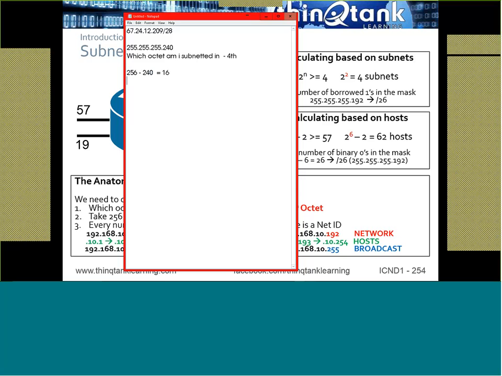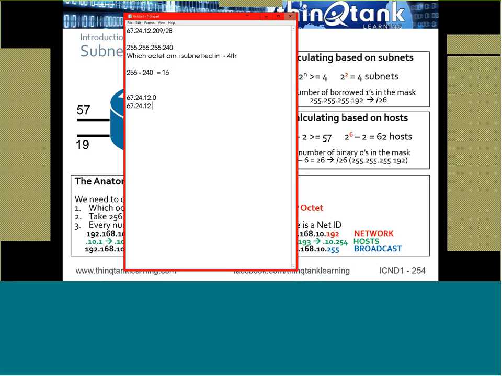Now, my objective here is to find out what this host's network ID is. I want to know what room that host belongs to. Does that host belong to the 67.24.12.0 subnet? No. Does that host belong to the 67.24.12.16 subnet?